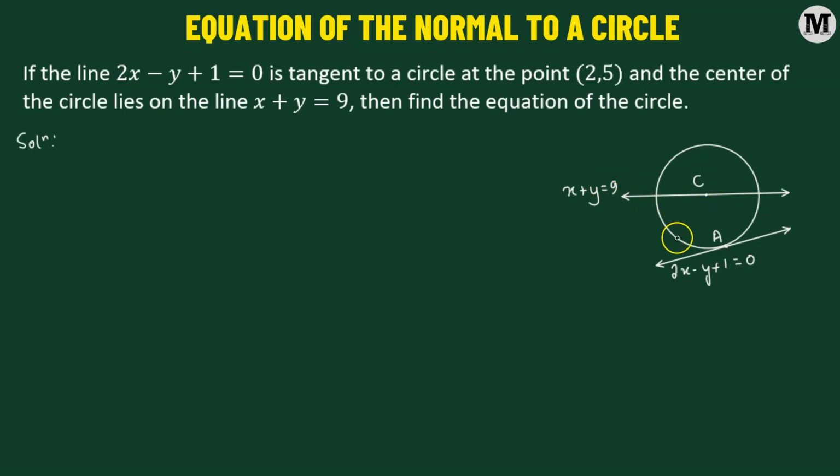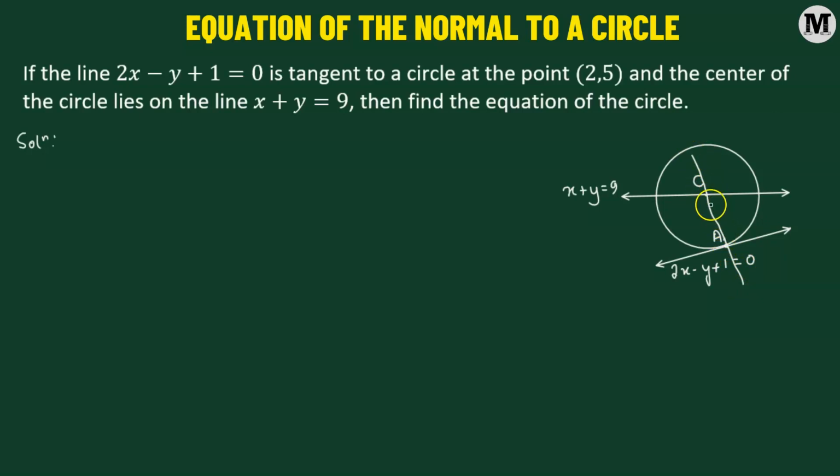Now to find the equation of the circle, we need two pieces of information. One is the coordinates of the center of the circle, and we'll also need its radius. Clearly we have the line 2x minus y plus 1 equals 0, tangent to the circle at point A. If we can find the equation of the normal at point A, then we know that the normal line is perpendicular to the tangent line, and it also passes through the center.